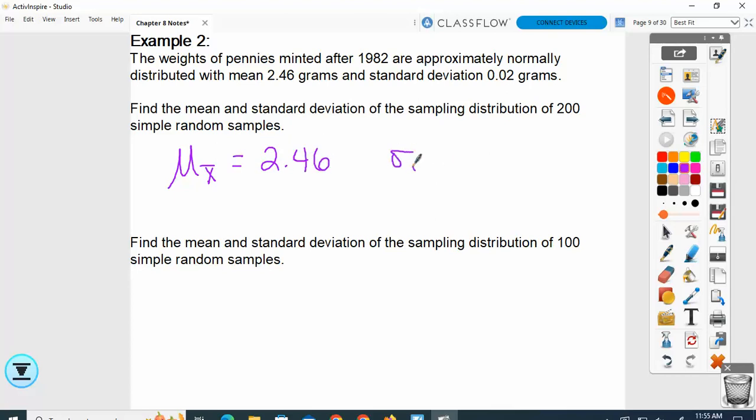My standard deviation for the sampling distribution is the population standard deviation, 0.02, divided by the square root of N, and how many pennies are we talking about? So 0.02 divided by the square root of 200, let's go 4 decimal places, so we get 0.0014.